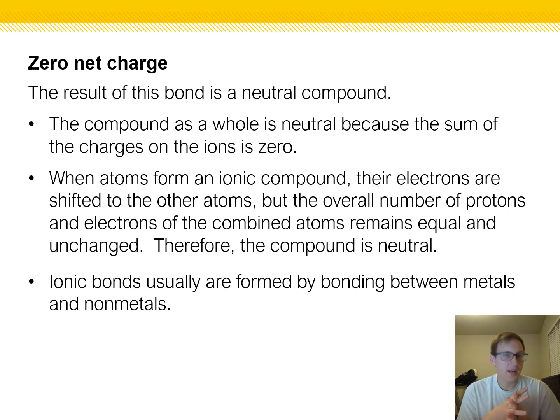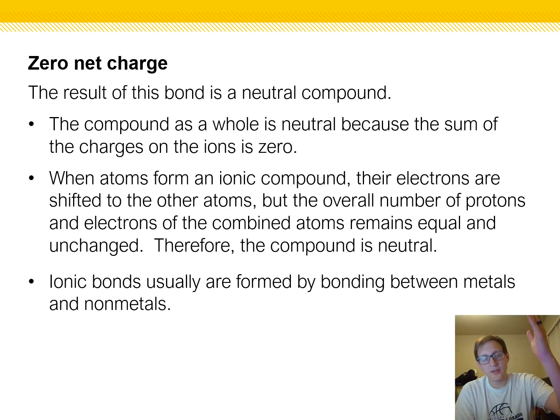When atoms form an ionic compound, their electrons are shifted to the other atoms, but the overall number of protons and electrons of the combined atom remains equal and unchanged. Therefore, the compound is neutral. Ionic bonds usually are formed by bonding between metals and nonmetals. Just like I said, you bond mostly the things on the left to the things on the right of the periodic table.